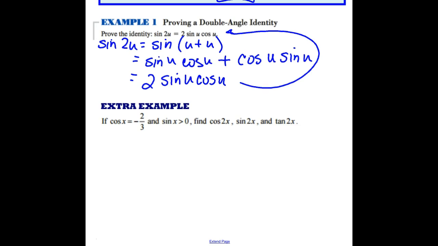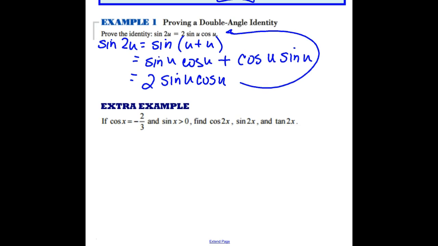All right, next example. We are given that the cosine of x is negative 2/3 and the sine of x is positive. And they're asking us to find all three, the cosine, sine, and tangent of a double angle. So the first thing I want you to think about is what quadrant would we be in if the cosine of our angle is negative 2/3 and the sine of our angle is positive. Cosine's negative, sine is positive. Quadrant 2?